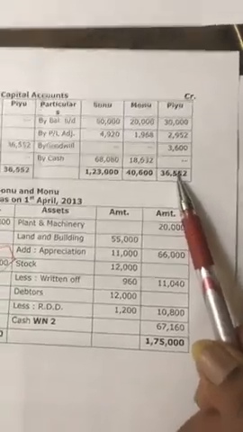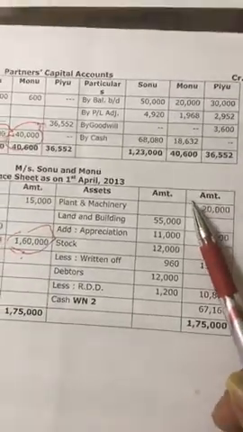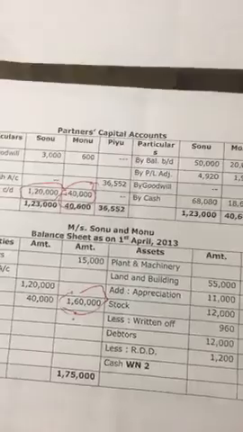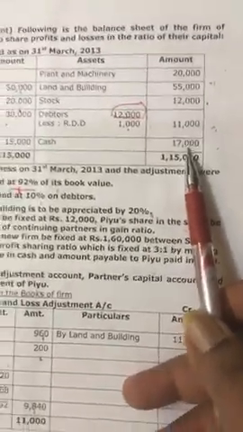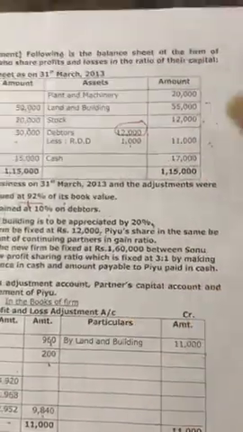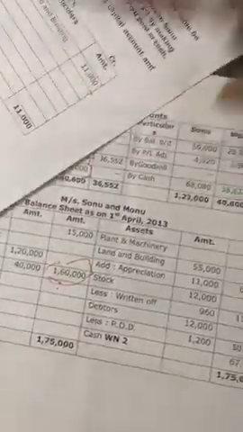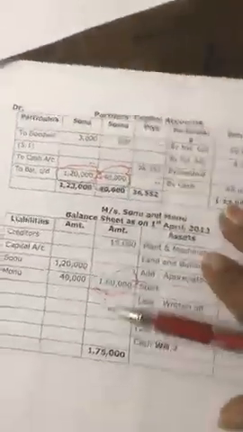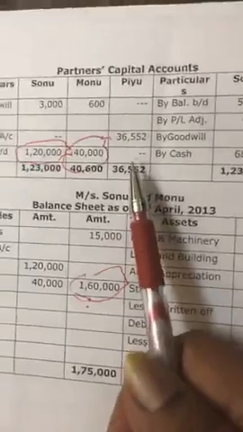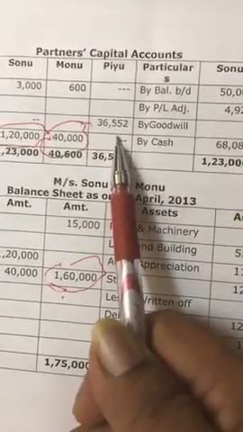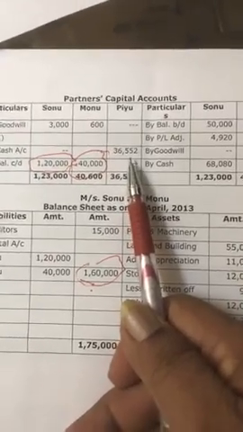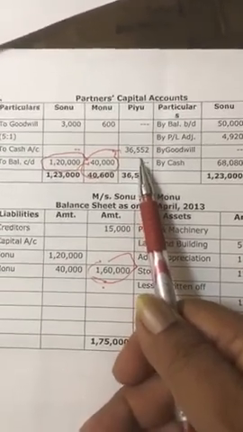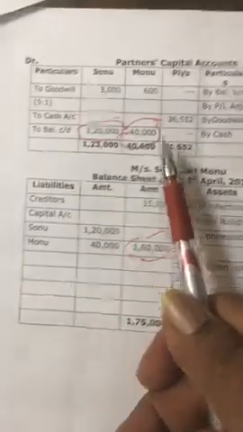Now, the problem in which it is given that the cash is 17,000. Try to understand. Cash is 17,000. But the amount payable to the retiring partner is 36,552. So the continuing partners decided to bring in cash by revising the capital.